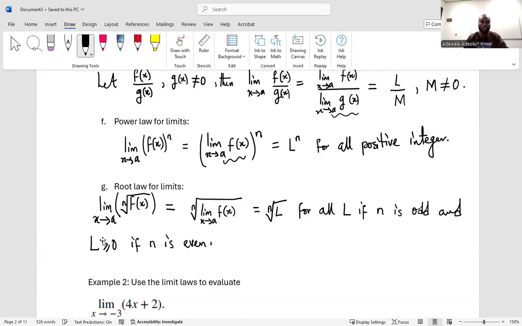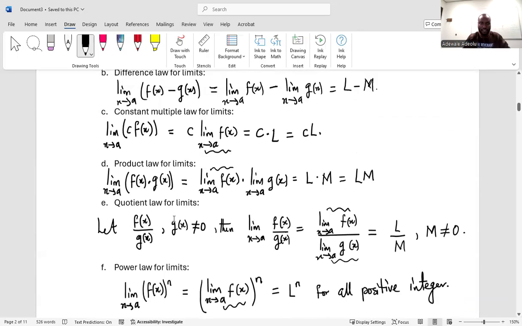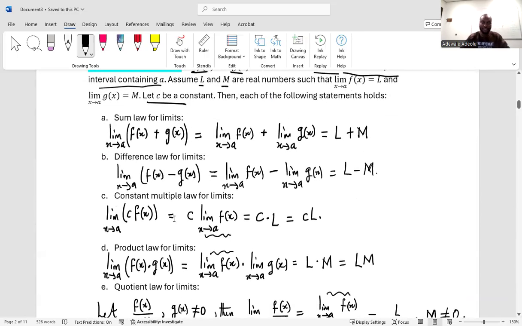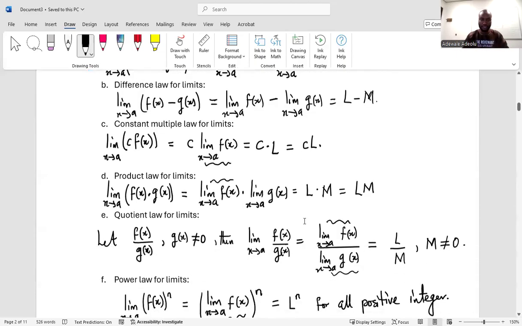So let us make use of these laws. Again, let us quickly revisit these laws. We have the sum law that says if you have two functions, you add them together, you take the limit, then you can take the limit of each function separately, then you add them. Subtraction, the same, you subtract. For a constant, you can factor out the constant, then you take the limit of the function.